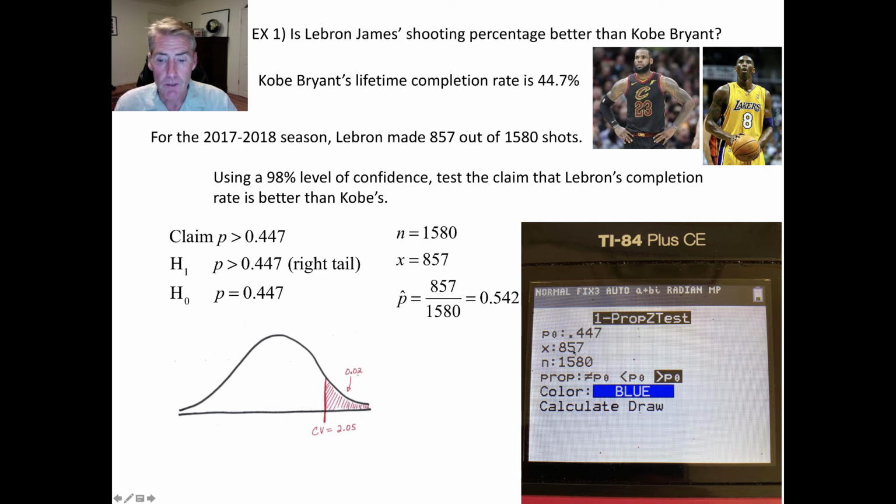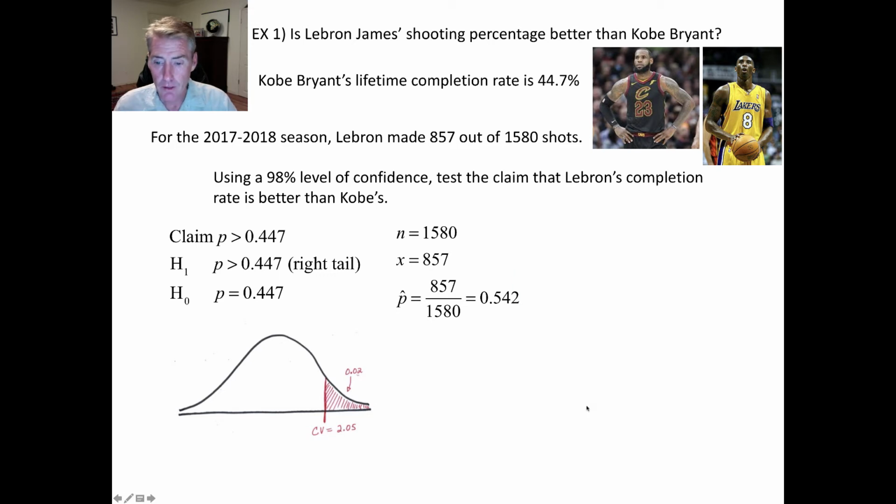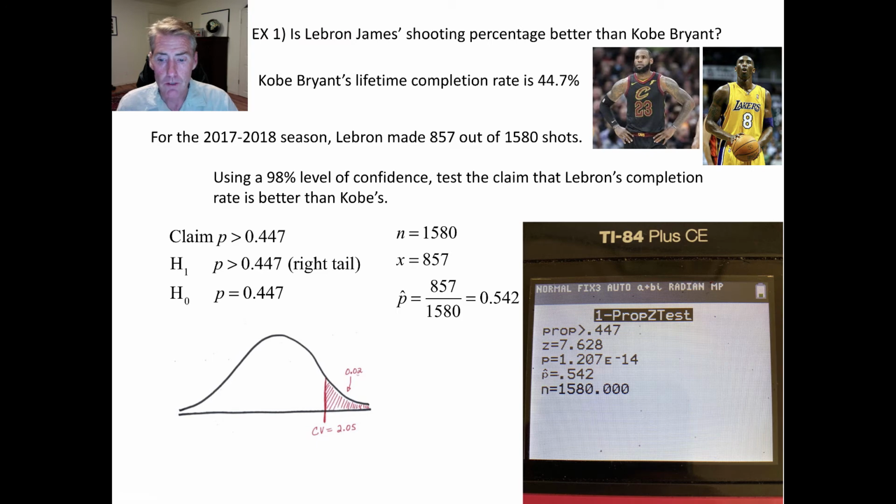Then you type in what is x and what is n. Now, I have the habit of putting, when I write it down, I write n first because I think of it, okay, he did 1,580 shots first, then did he complete them? So when you go to the calculator, it has the smaller number first and then the bigger number. And then this should be pointing to the right, so the calculator knows it's right-tailed, and then go down to Calculate, and it will look like this.